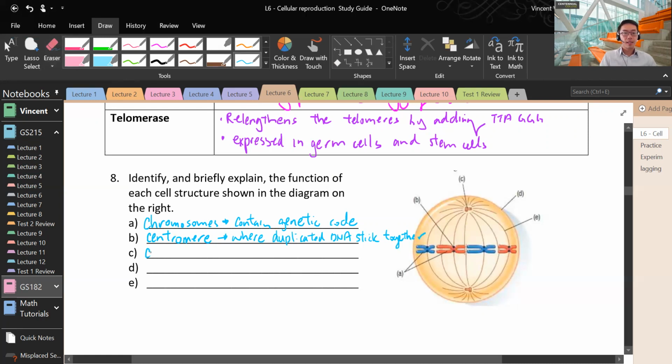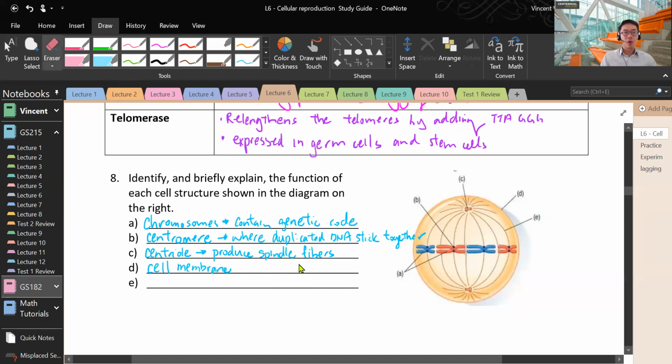C is the centriole. We learned this in lecture 3. They produce spindle fibers. D is the cell membrane. Not sure why that is here.